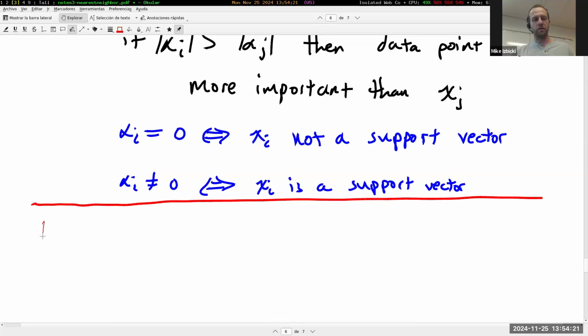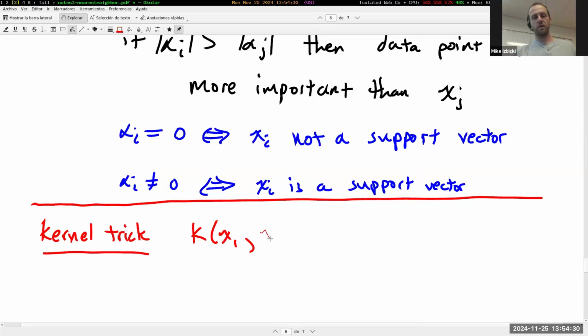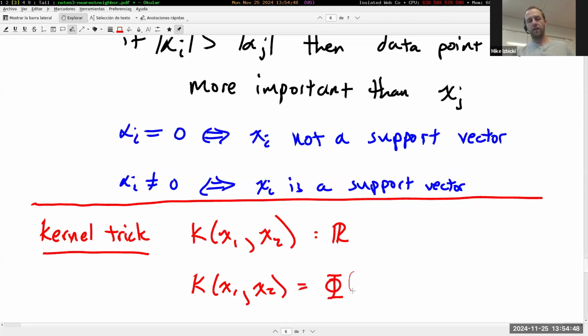Here's what the kernel trick is. The kernel trick is to come up with a function k that takes x1 and x2 as parameters and outputs a real number, defined as k(x1, x2) = phi of x1 transpose phi of x2.